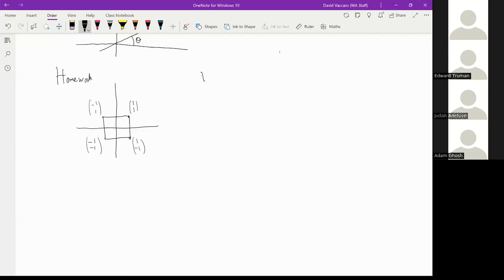So the question, and put your answers in the chat, is what symmetries of this square exist? So what are the symmetries of a square centered on the origin? Or if you don't want to put too much in the chat, just tell me how many symmetries there are.